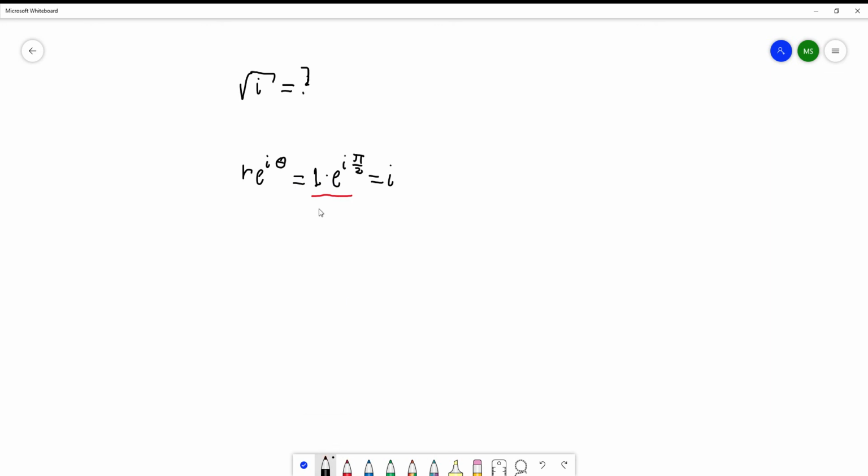And now we're going to take the square root of it. So we say the square root of i is the square root of e to the i pi over 2. So the square root of i is e to the i pi over 4.